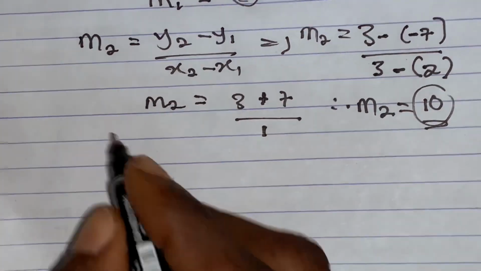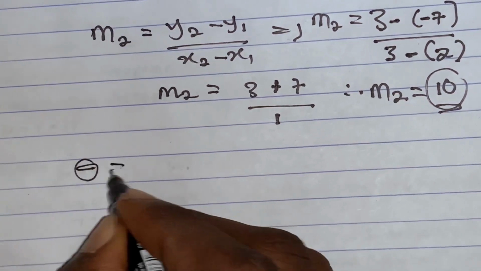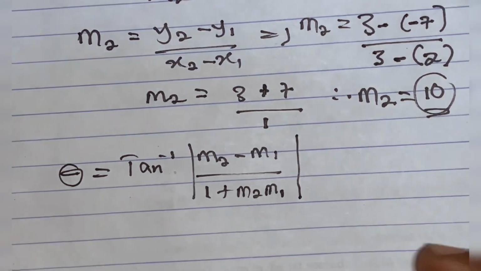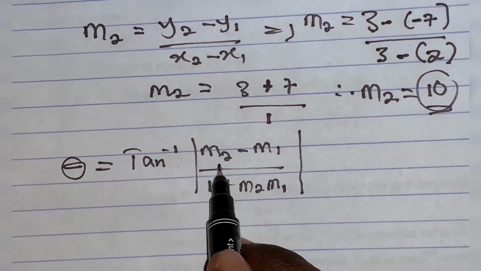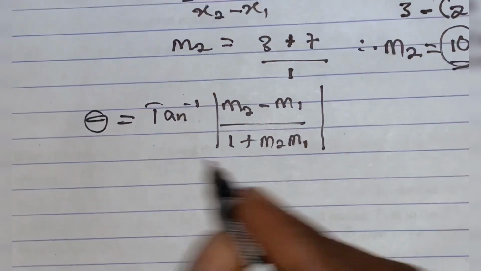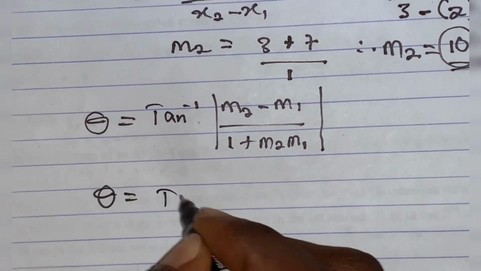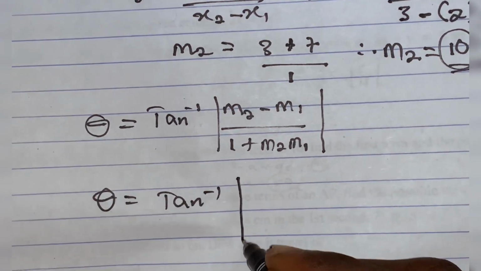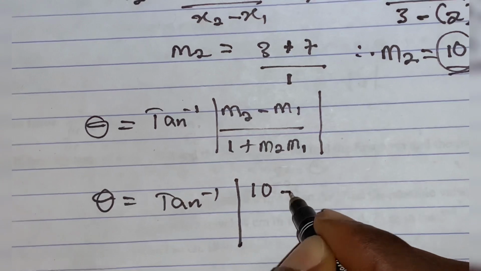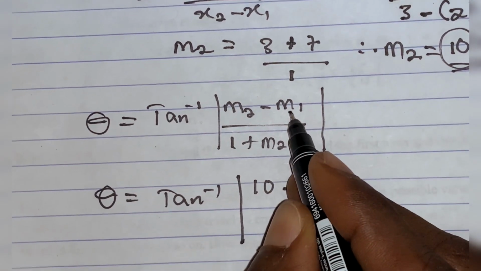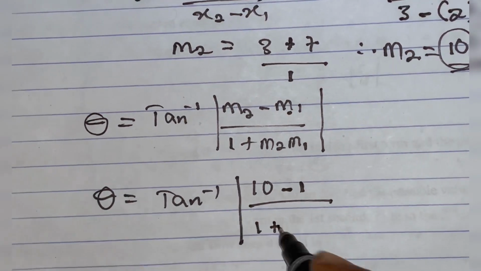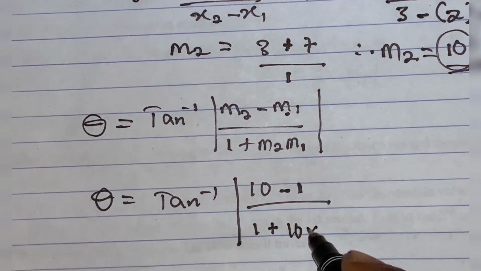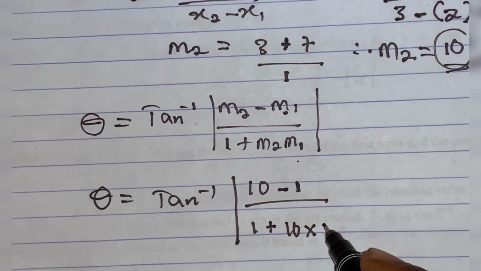Then we recall the enclosed angle formula, theta equals tan inverse of m2 minus m1 over 1 plus m2 m1. Now we just substitute since we know the values of m2 and m1. Theta equals tan inverse of m2, which is 10, minus m1, which is 1, divided by 1 plus m2, which is 10, multiplied by m1, which is 1.